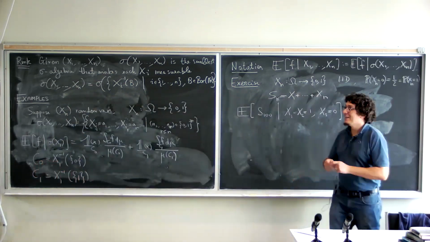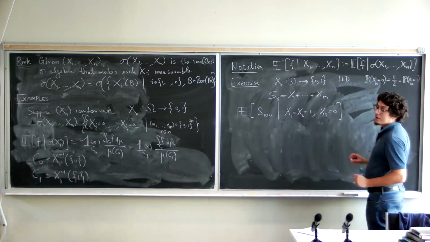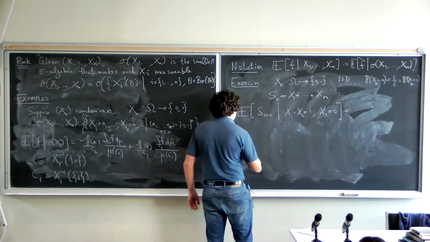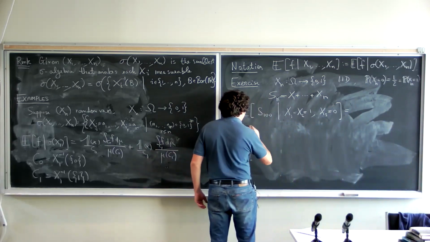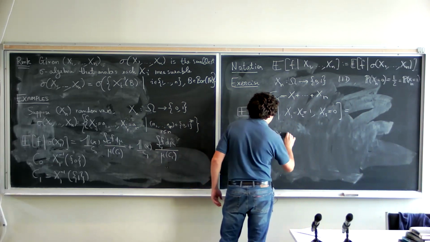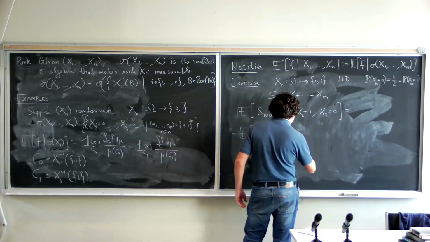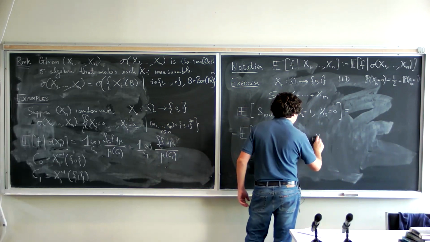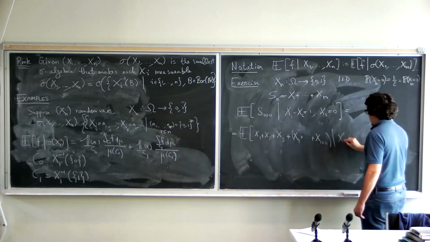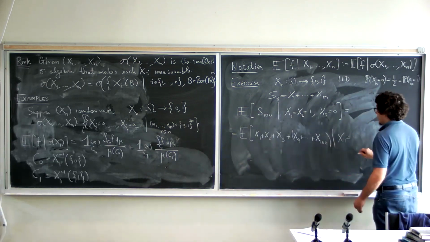Because what is this? This is the expectation of x1 plus x2 plus x3 plus everything else from 4 to 100, given this. This is linear, literally the definition.